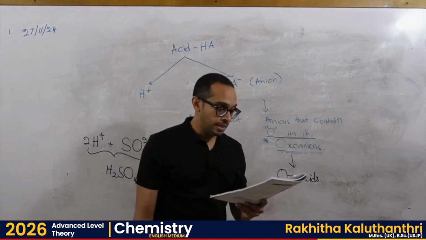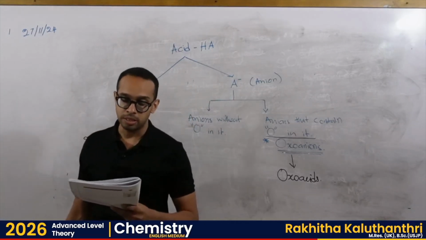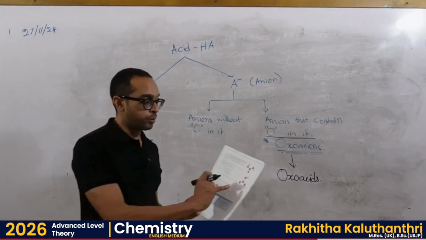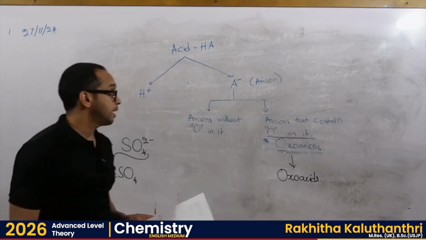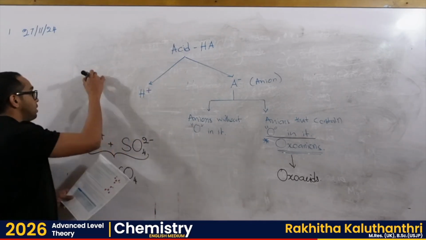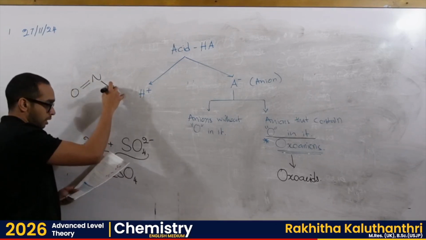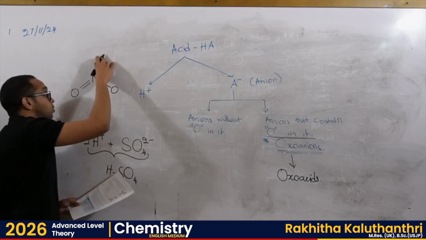So then they say these acids serve as a reference point for naming oxoacids, and then some oxoacid diagrams are given here. For example, the nitric acid formula is given here. We have the central atom nitrogen, and then we have oxygens, two on either side like so.